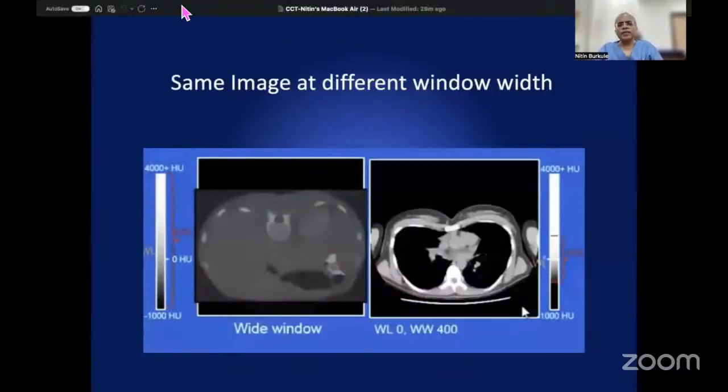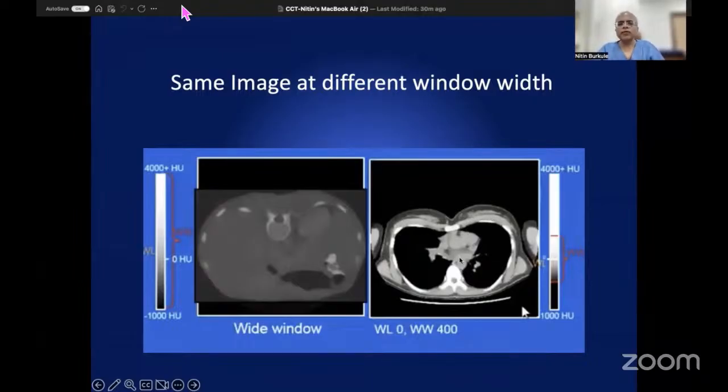So if we see the same thoracic cross section, when you had a very wide window width and this particular window level at 0, you have an image something like this, where you can hardly make out the heart. While when you have reduced the window width to 400 Hounsfield units, and kept the window level at 0, now you can discern the mediastinum, the heart muscles, the sternum, the fat, and the muscles.